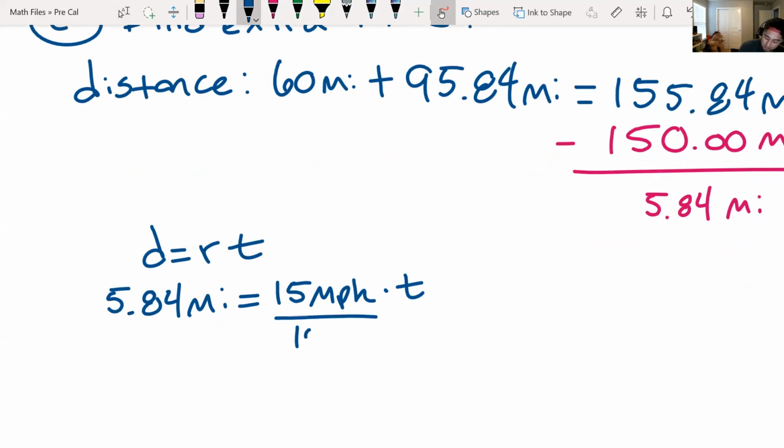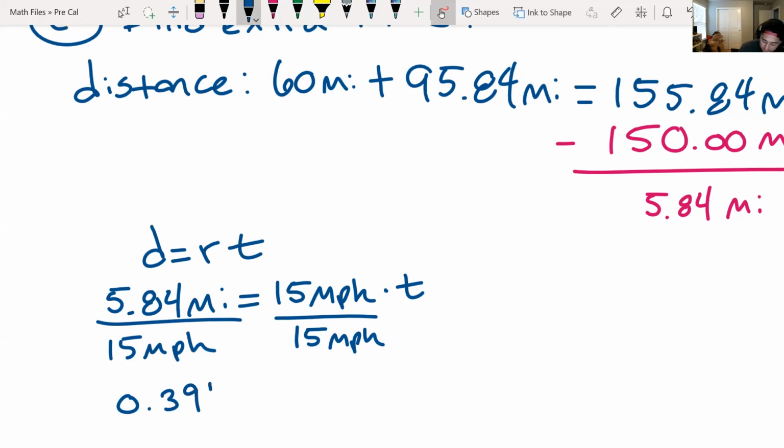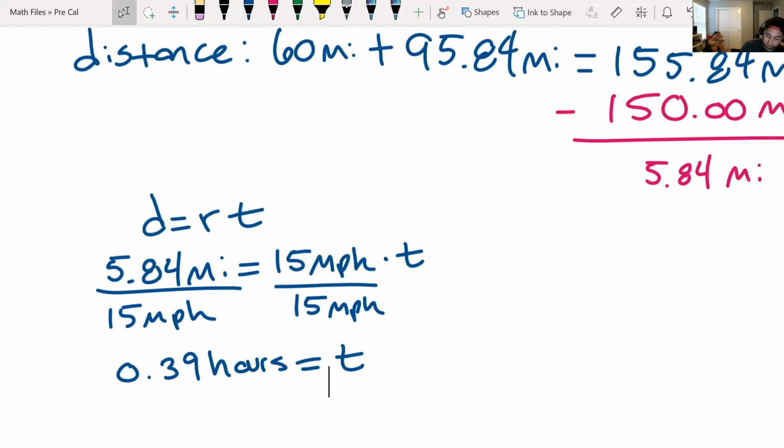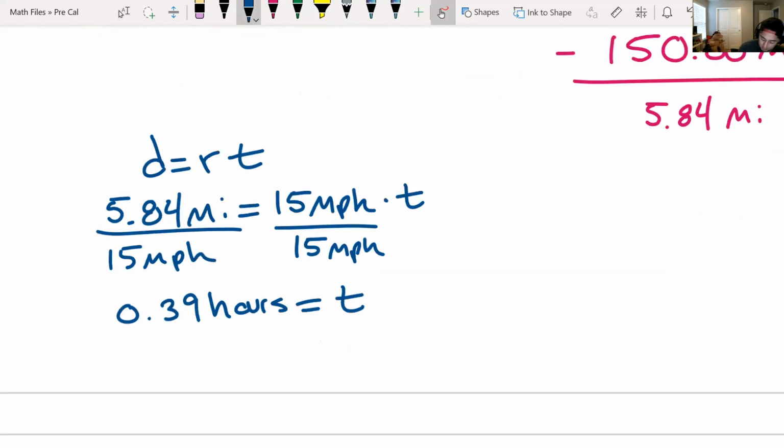Divide by 15 miles per hour. And 5.84 over 15 gives me 0.39 hours, equal to time. Or better yet, multiply it by 60.